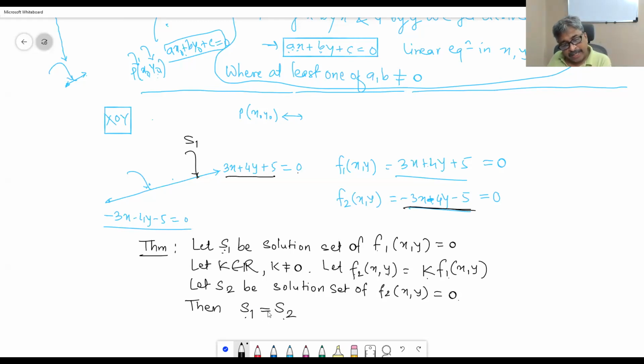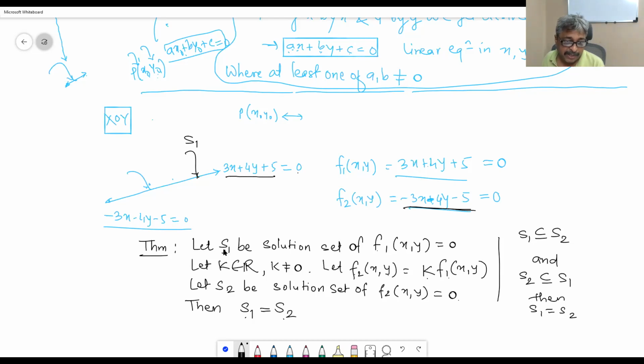If we really want to write down the proof of S1 is equal to S2, we need to use set theory, which we will study in 11th. To show two sets are equal, we show that S1 is a subset of S2 and S2 is a subset of S1, then S1 is equal to S2. We have to use this.